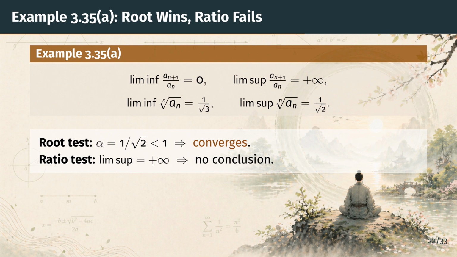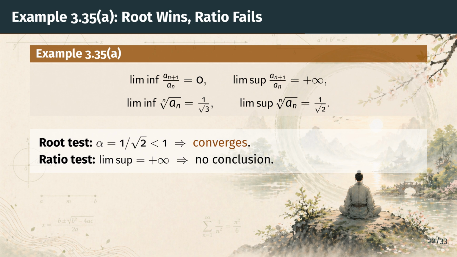Look at the 4 numbers. The ratios swing all the way from a lower limit of 0 up to an upper limit of plus infinity, because going from a 1/3 term to the next 1/2 term, the ratio blows up. So the ratio test is helpless here. Its upper limit is infinite, well above 1.